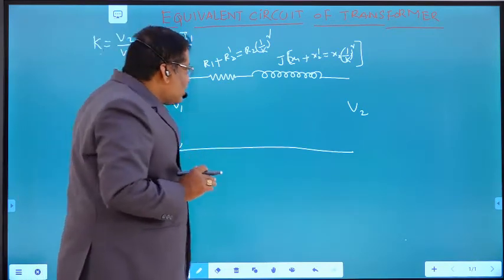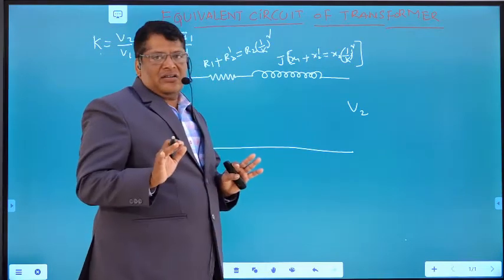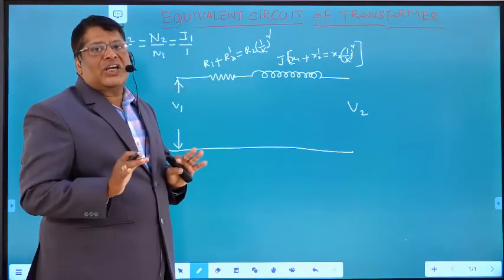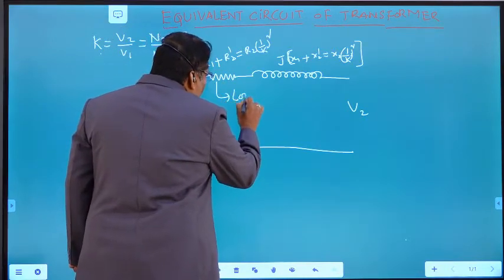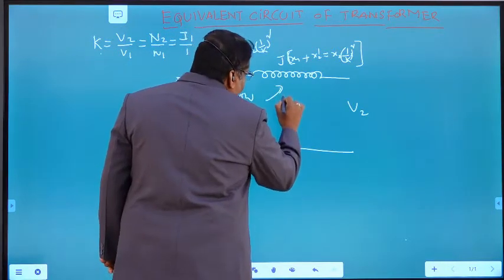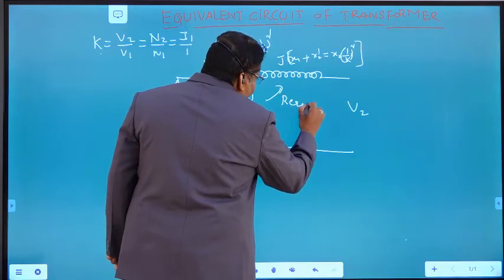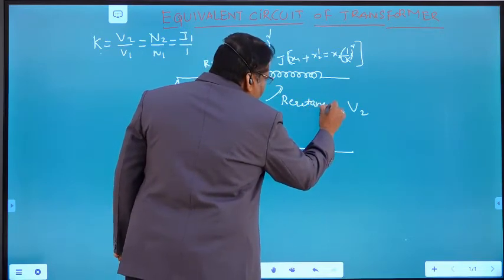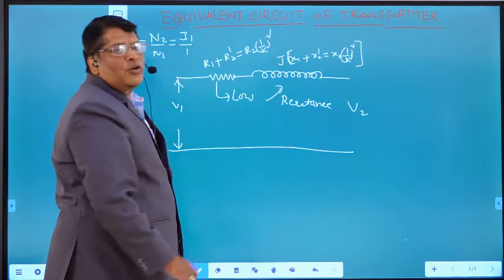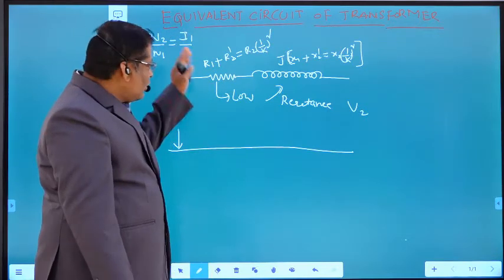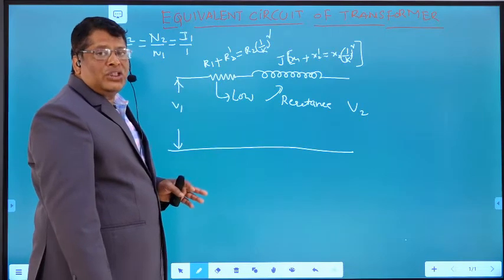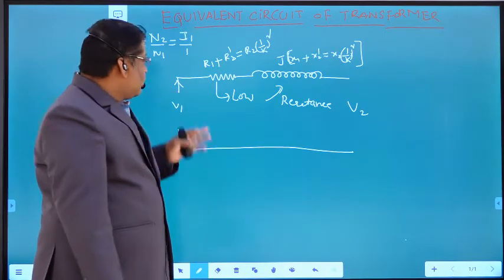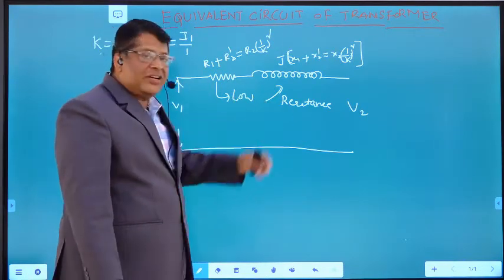Further, for a well designed transformer, the resistance value is very low when compared to the reactance. If you want to simplify further, the transformers used in a power system are designed with very little resistance compared to the reactance.